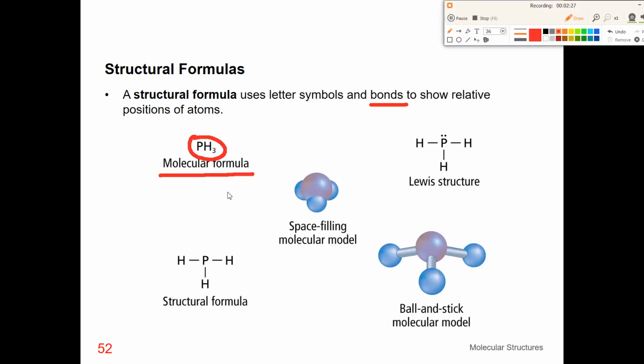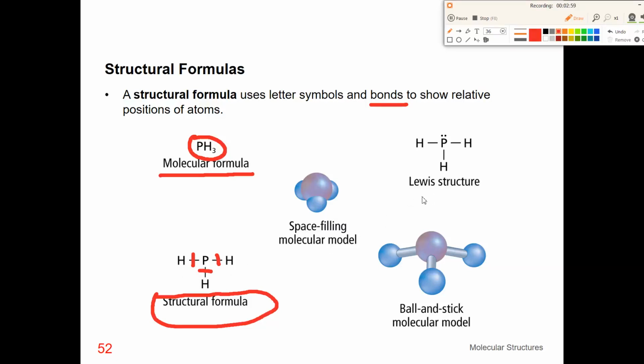Remember we talked about sugars: although they have the same molecular formula, they could be different sugars because the structural formula could be different. So the structural formula shows us the exact bonds, exactly what kind of bond, and how the atoms link to each other.